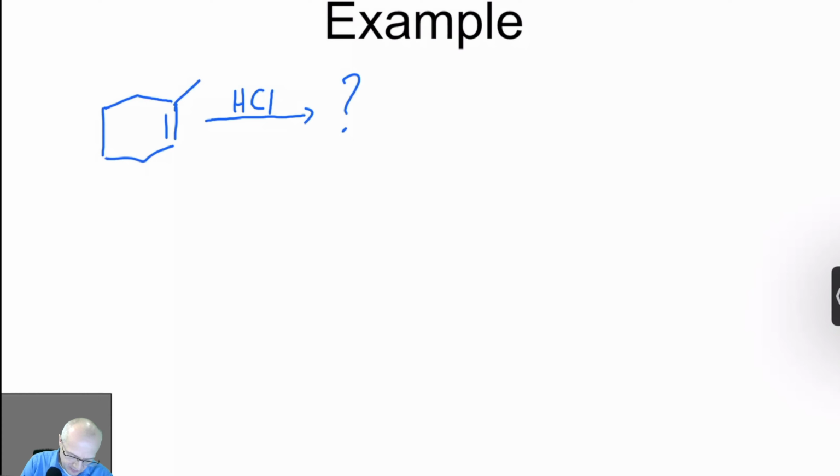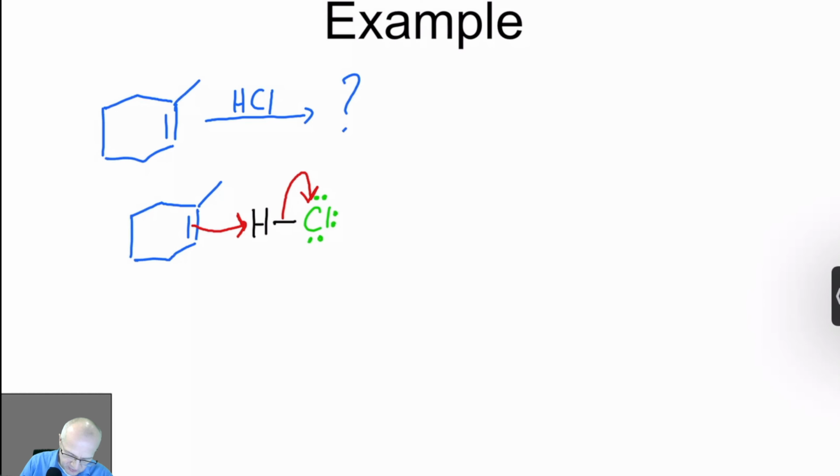So let's start here. And let's do HCl, in black and green. And now the pi bond will attack the hydrogen.